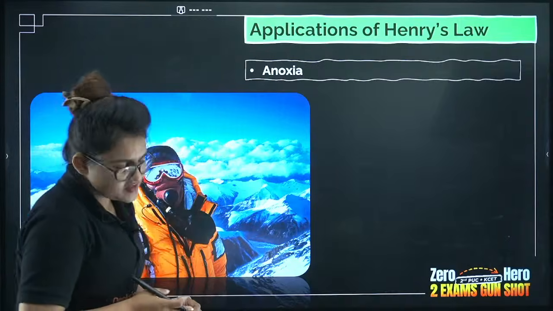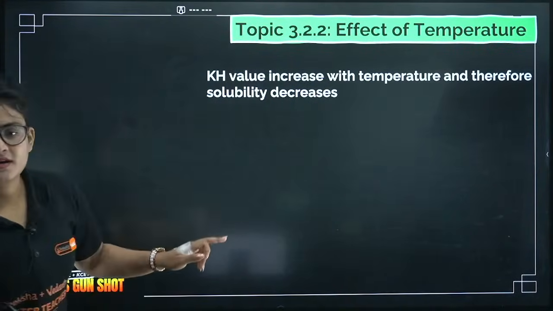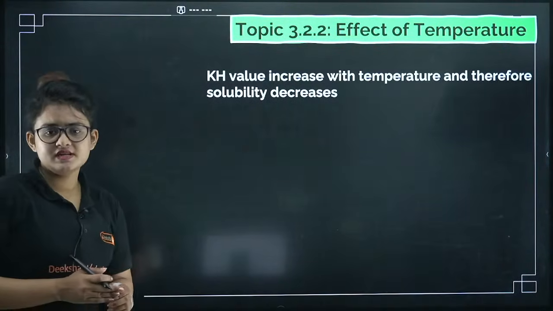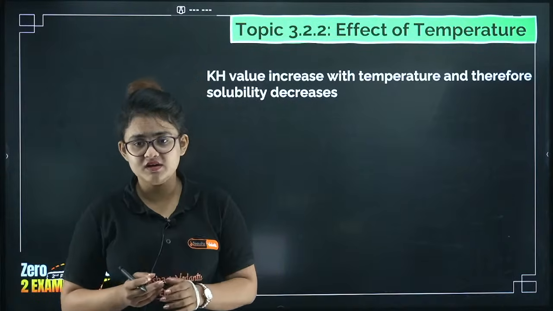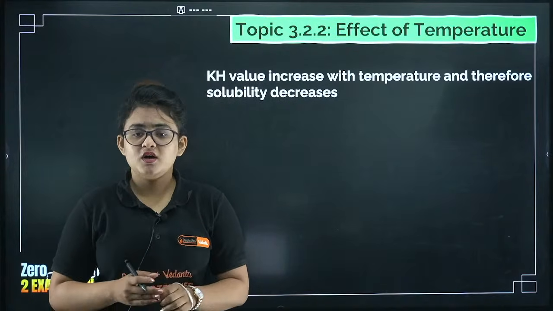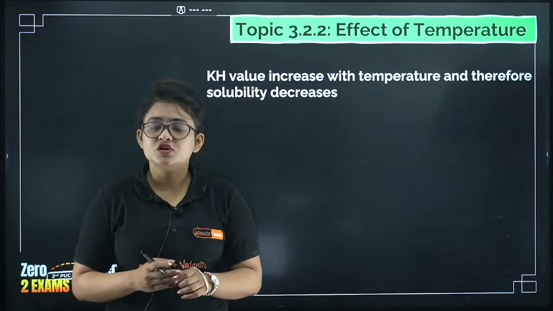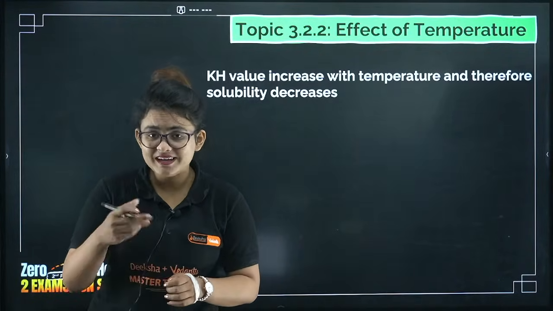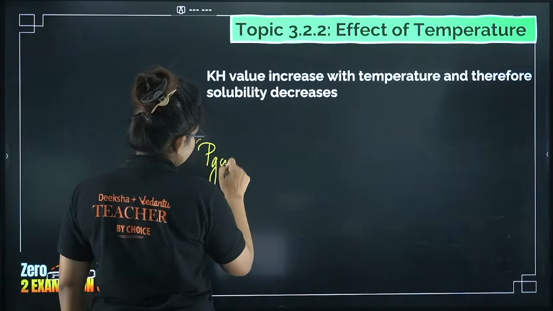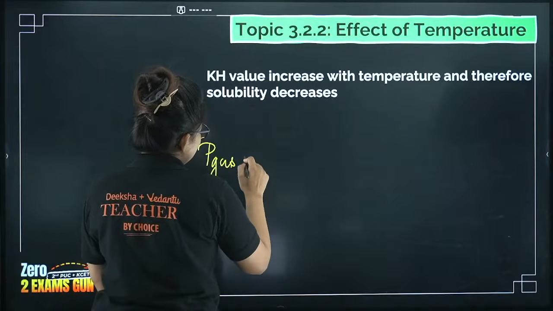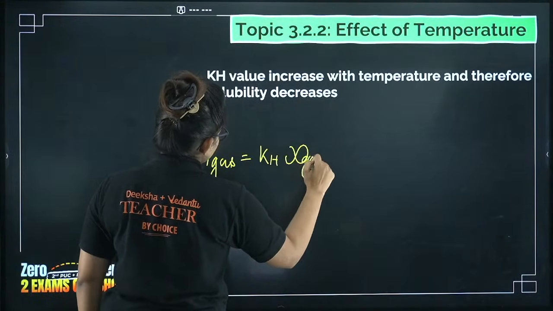Okay, let's proceed further. Here you can see the effect of temperature. Basically, the Henry's constant value increases with the increase in temperature. As a result, solubility decreases. If you see, partial pressure of the gas equals kH into mole fraction of the gas, right?